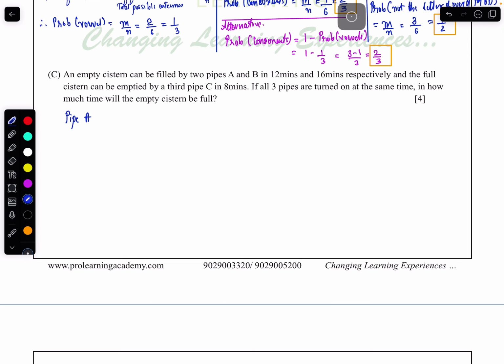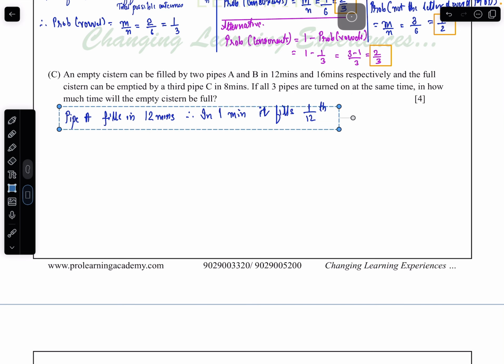So this is pipe A. Since it is able to fill in 12 minutes, therefore in 1 minute it fills 1/12. Since this was for pipe A, we are moving on to pipe B. So let me just rectify this spelling.